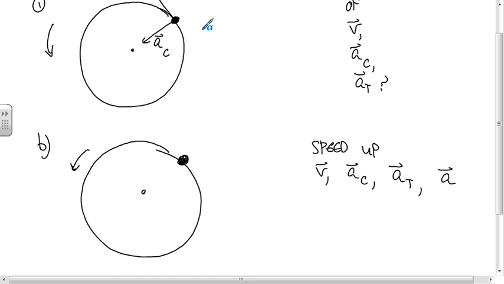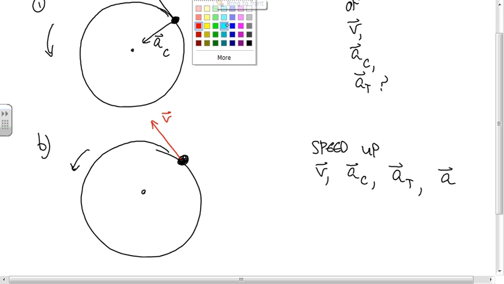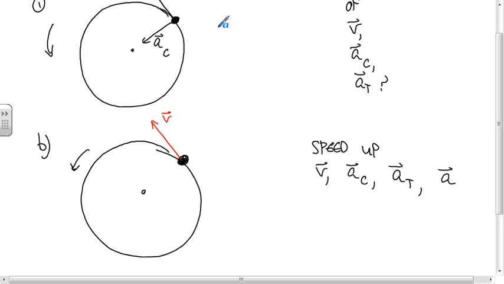What's the direction of the velocity vector? It's the same as it was before. Okay, so there's the velocity vector. Centripetal acceleration vector.